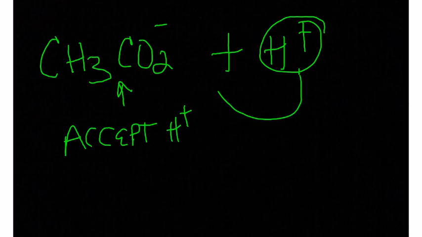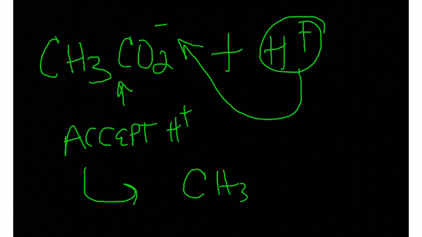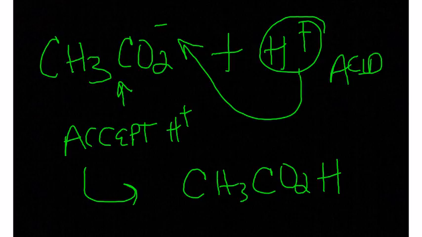The plus is obviously attracted to the minus sign, and the resulting compound is ethanoic acid. That makes the H+ the acid, and the CH3CO2 minus is the base in this reaction.